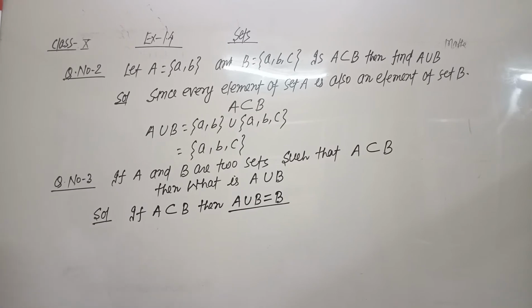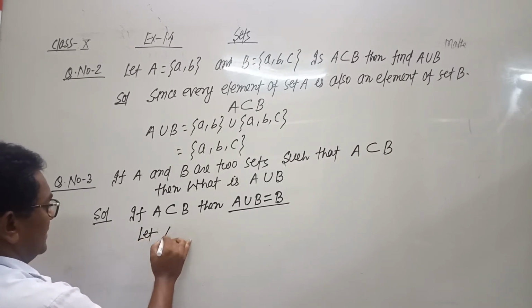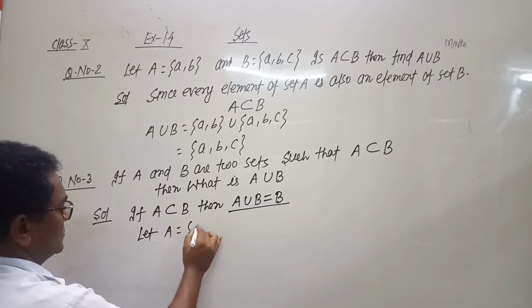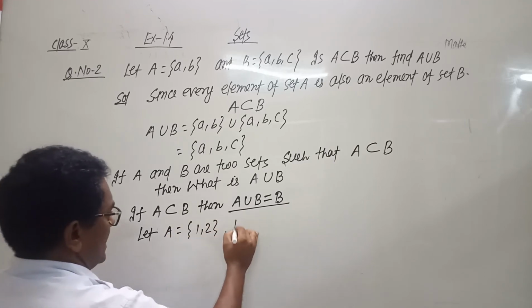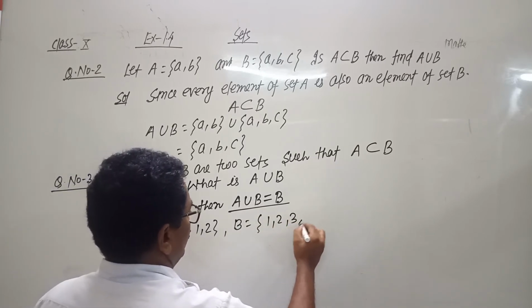Let us see how, with an example. Let set A equal {1, 2} and another set B equal {1, 2, 3, 4}.